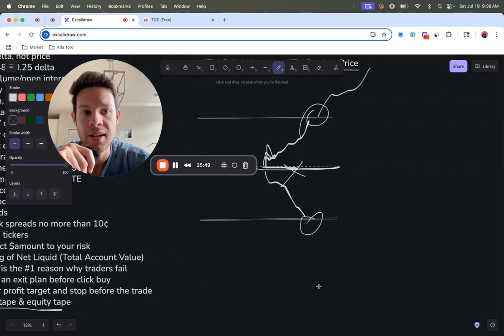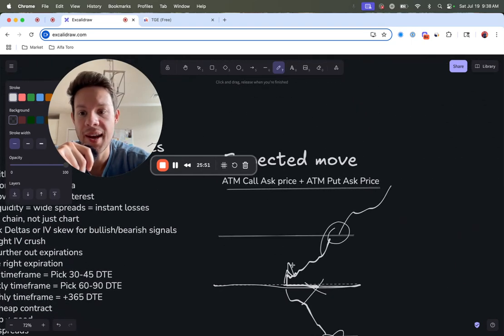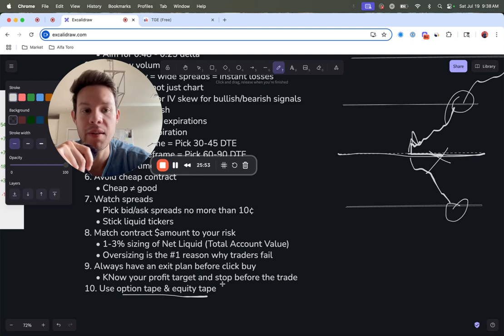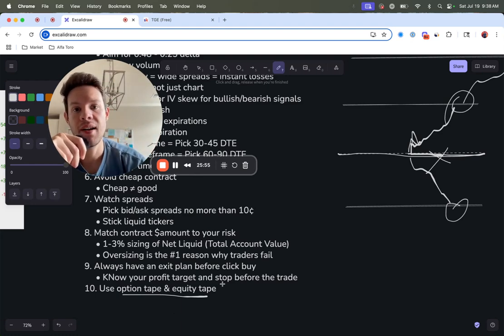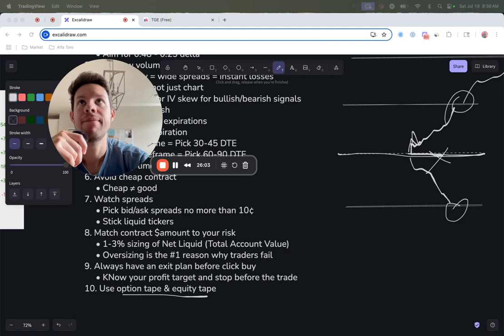Gextron has this for sure, and I like to show it next to the equity tape so you can see it all there, which gives me the confirmation that I can get into this trade. Let me see if I can pull up TradingView here.